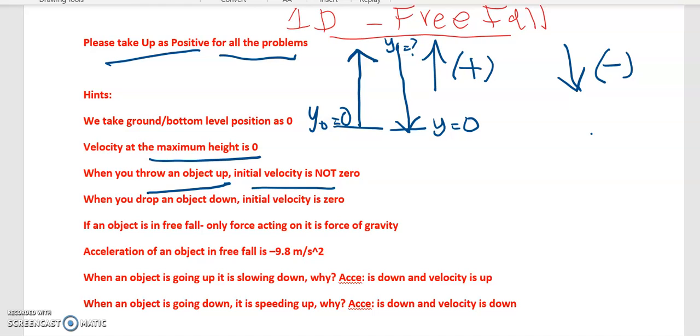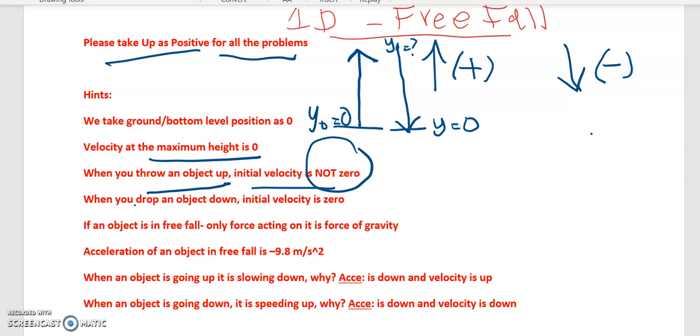Take a pen or take a bowling ball, take any object you want and try to throw it up. Can you throw it up without giving it a force? You can't, right? You have to move your hand to throw it up. So that means you're giving it an initial velocity. When you throw an object up, its initial velocity is not 0.